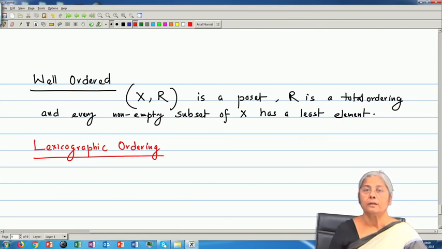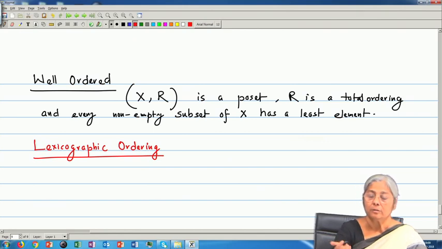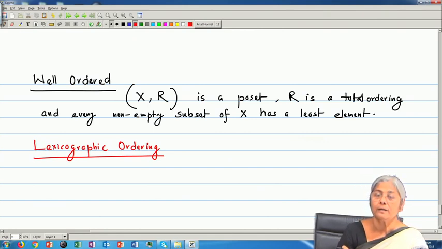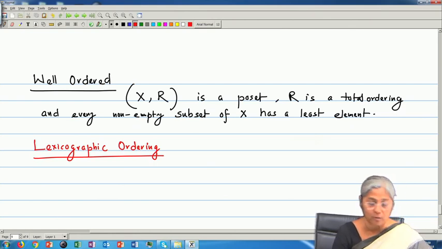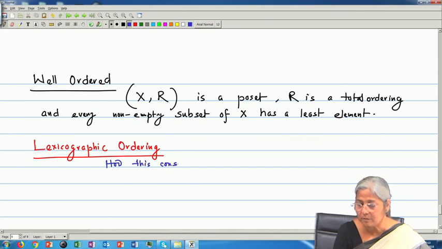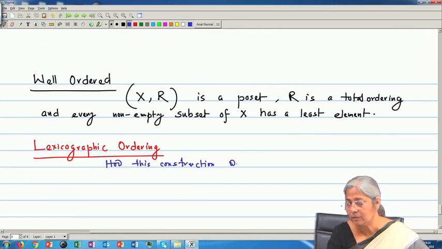All of us know that in a dictionary normally the words appear according to the ordering of their letters, and we can show how these constructions work in a poset.